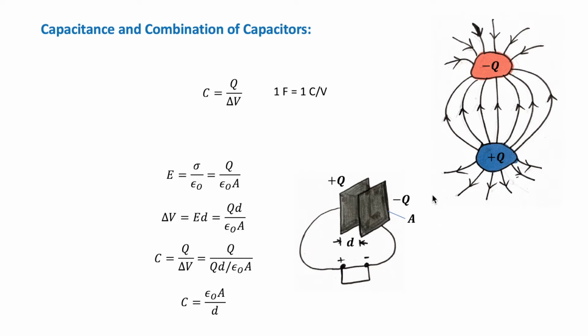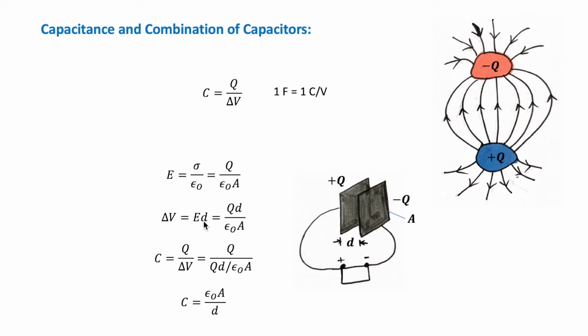The magnitude of the electric field between the plates is given by sigma over epsilon naught, which is equal to Q over epsilon naught A. And the potential difference between the plates is given by E d, because the field is uniform.